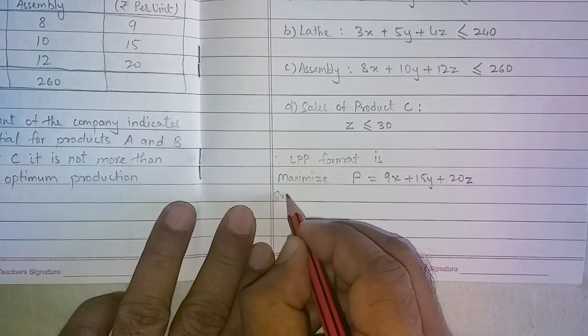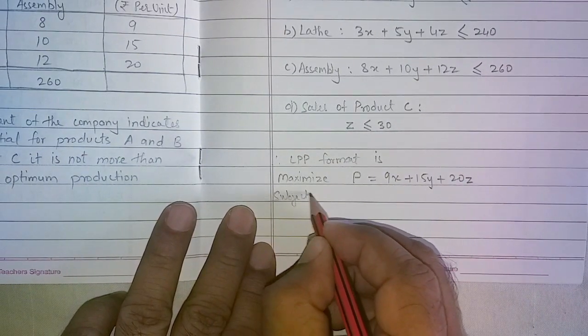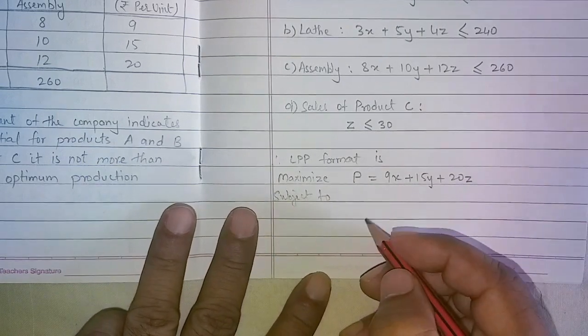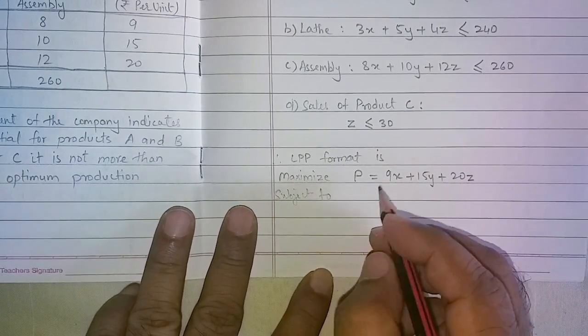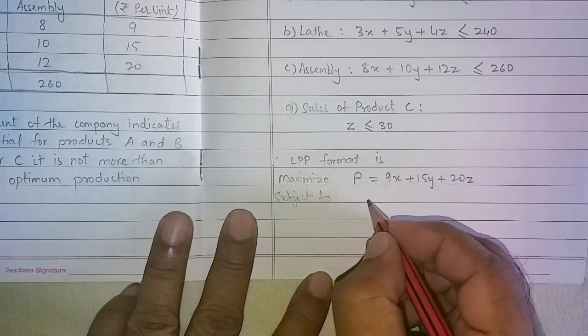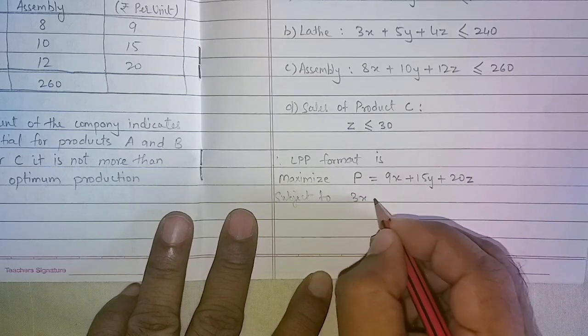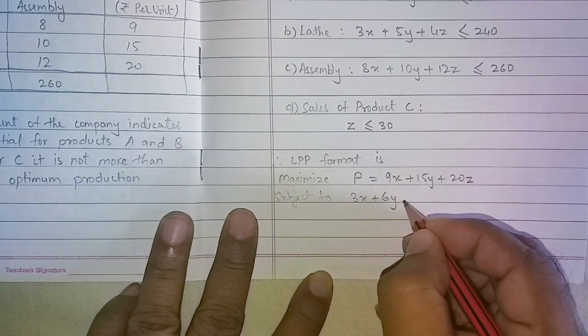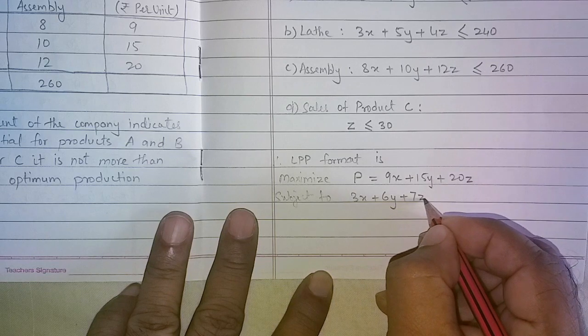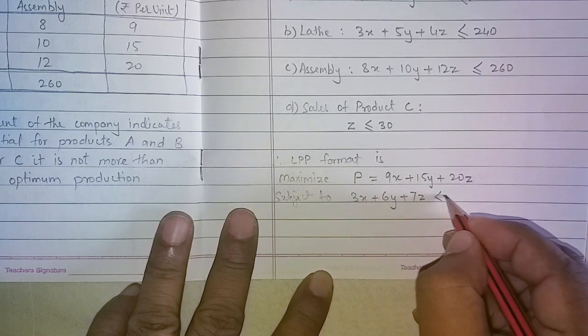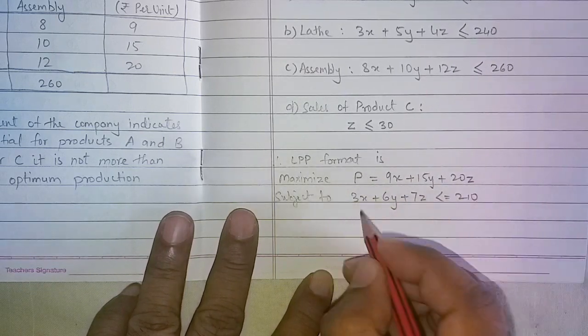Subject to some constraints. There are 4 constraints which we came up with. For drill it was 3x plus 6y plus 7z less than or equal to 210.